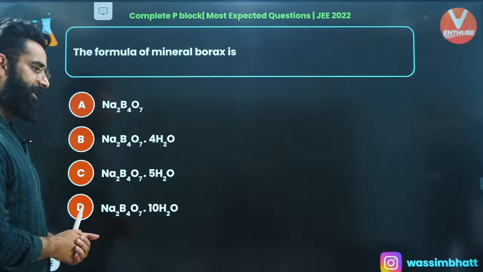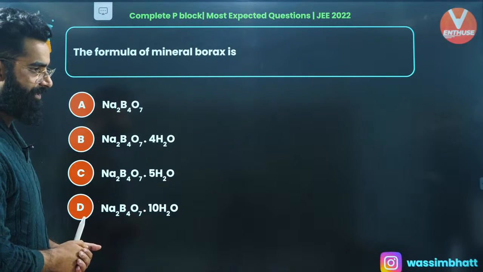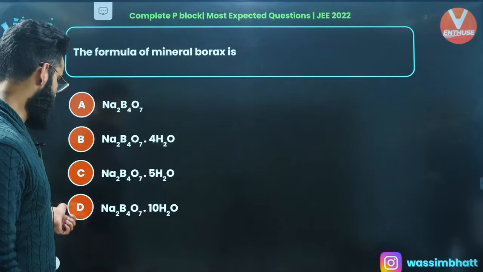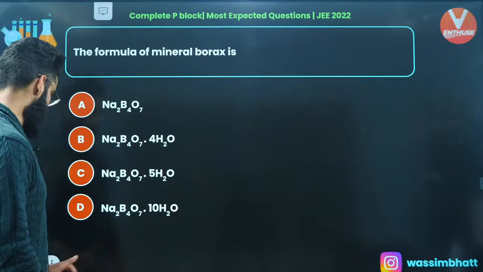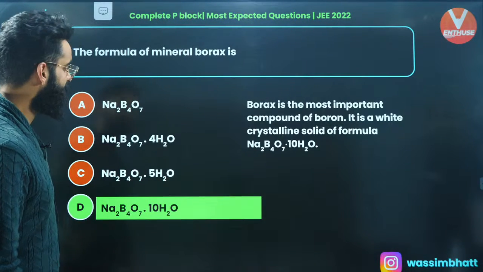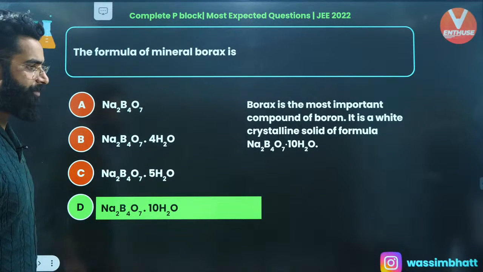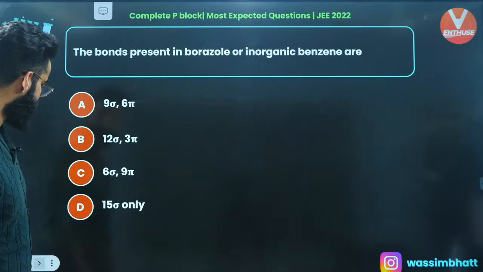Absolutely, Darshini, you are right. Yes, Lalita, absolutely. Yes, Farha, it's going to be option D, which is the correct answer. It's Na2B4O7·10H2O. So this is basically going to be the formula of the mineral borax.